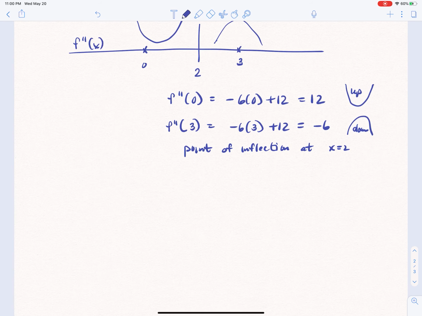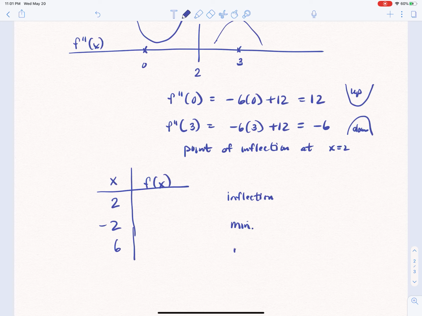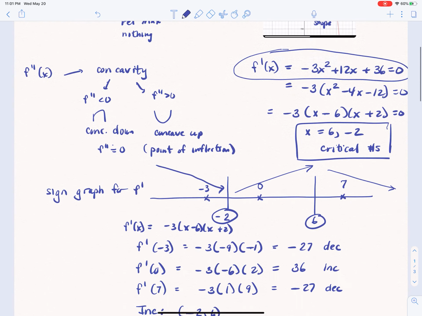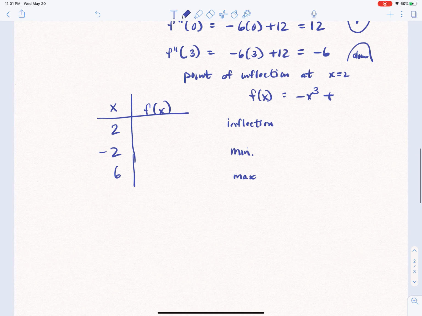So let's just summarize here. So if I want to locate these things on the actual curve, let's just remember everything that we got. We got our x equals 2, and that was our inflection point. We had a minimum at negative 2, and we had a maximum at 6. So f of x being negative x to the third plus, it was such a long time ago, 6x squared plus 36x plus 50.